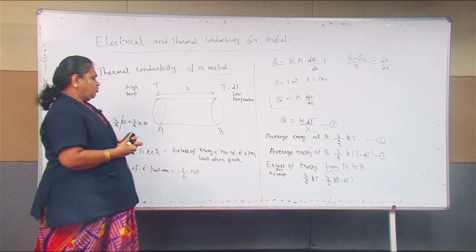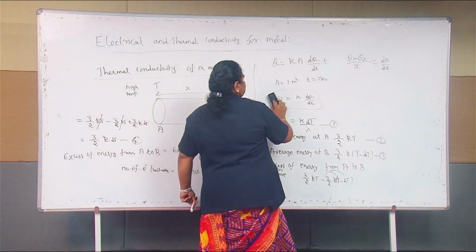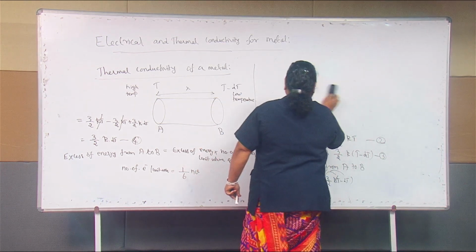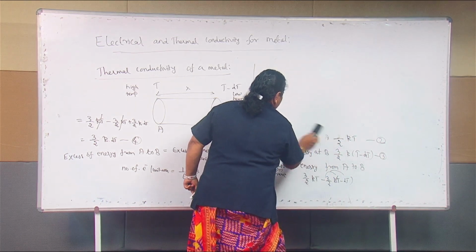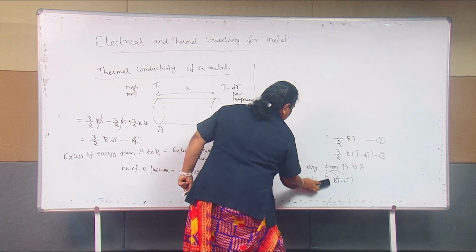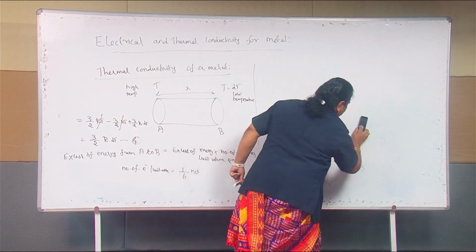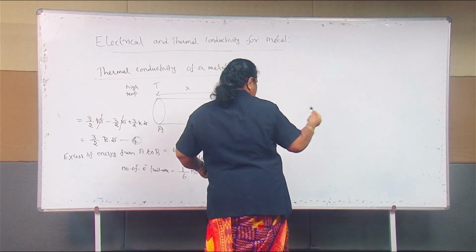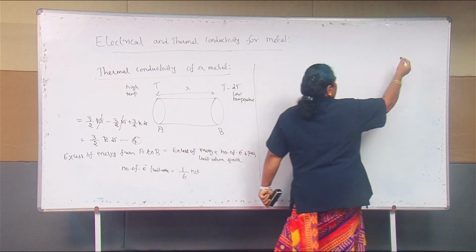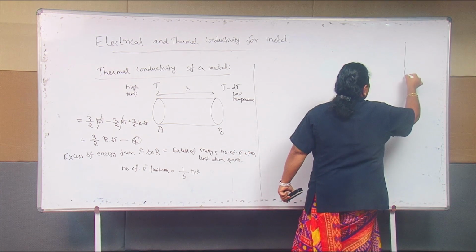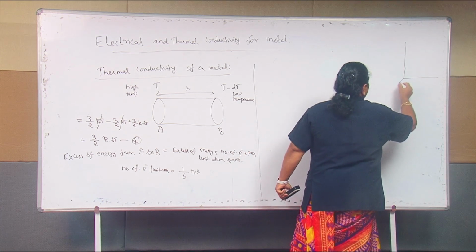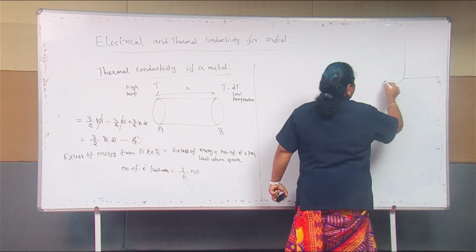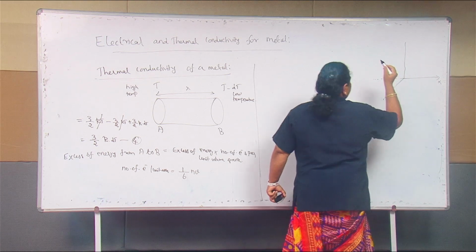So why do we need to write this 1 by 6? The electron is free to move in all directions. When you take this as the x direction, we have a positive x direction and a negative x direction.